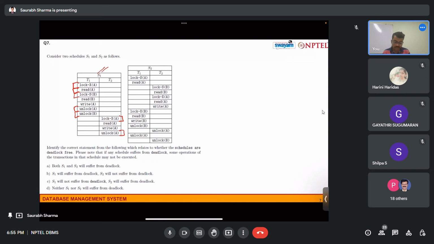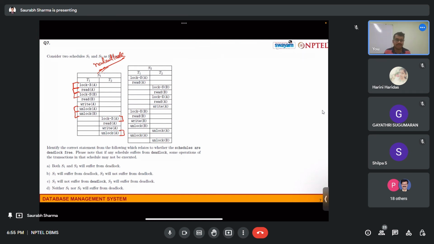It executes easily. So S1 will not suffer from deadlock.